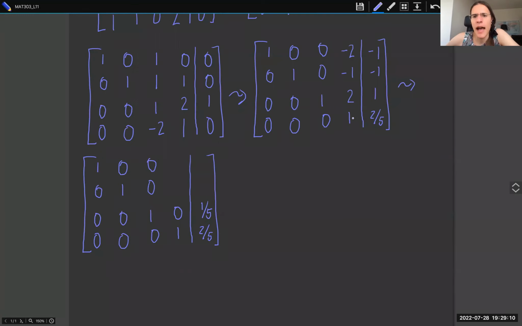Now I'm adding 1, and therefore I'm adding 2/5. And now I am going to add 2, and therefore add 4/5. So that wasn't that bad.